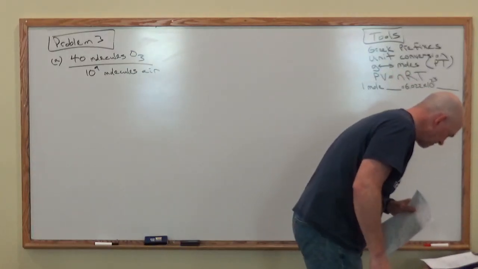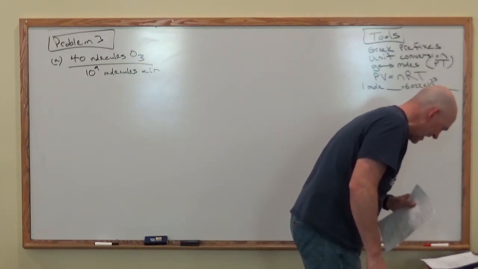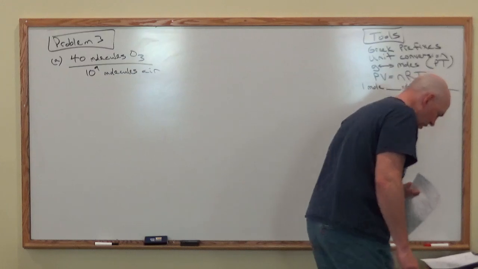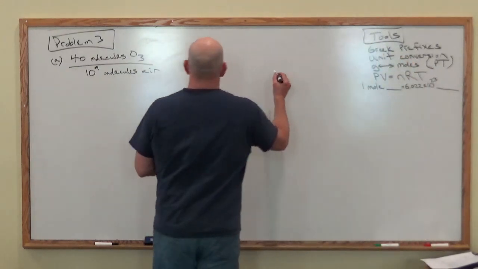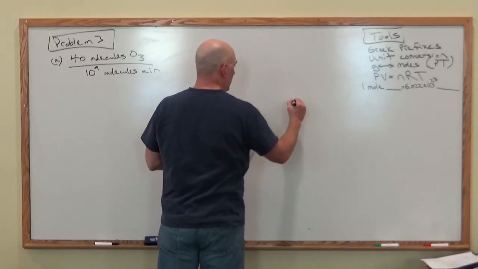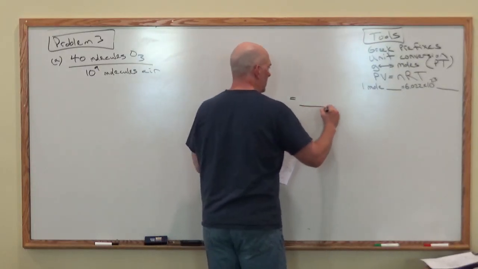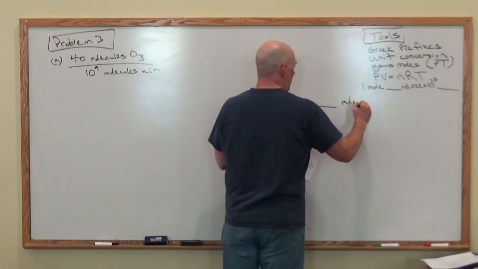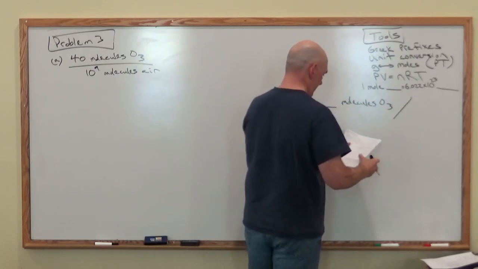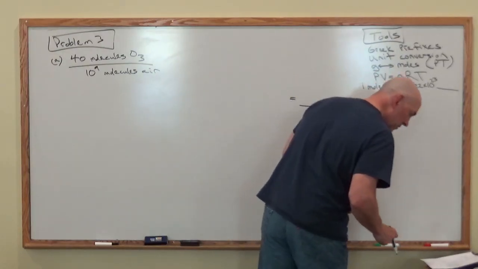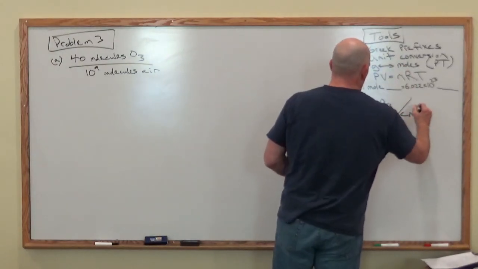And I can probably just sketch this out. So the first one, we're trying to go to molecules per cubic centimeter. So somewhere down here, we want to get molecules of ozone per cubic centimeter.